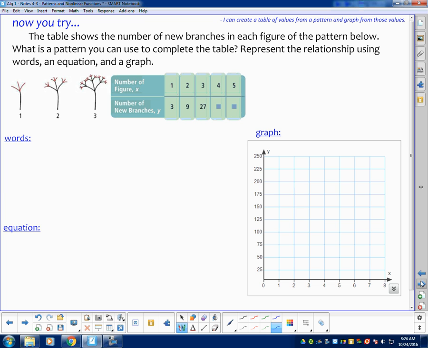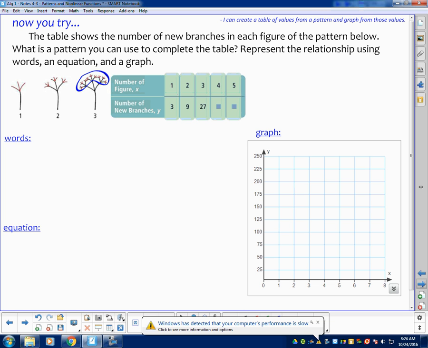We go to the second figure. Each of those branches splits into 3. So we have 9 new branches. And then in the next figure, each of those branches splits into 3 again. So we have 3, 6, 9, 12, 15, 18, 21, 24, 27, just counting all the ones on the outside. So it looks like each time we triple.